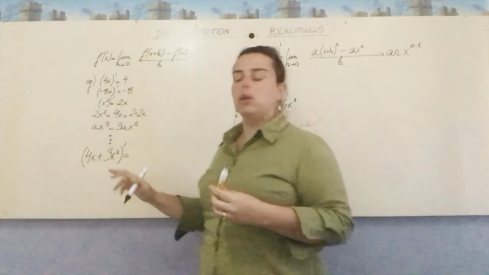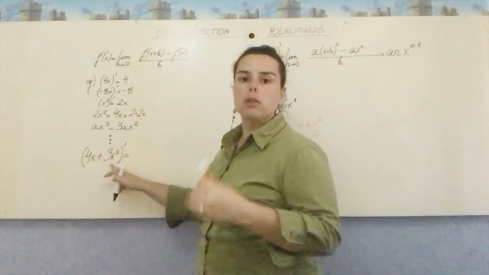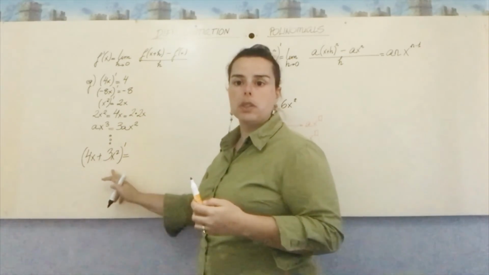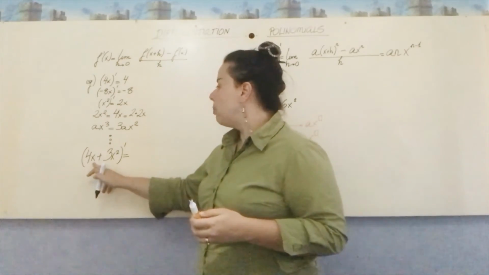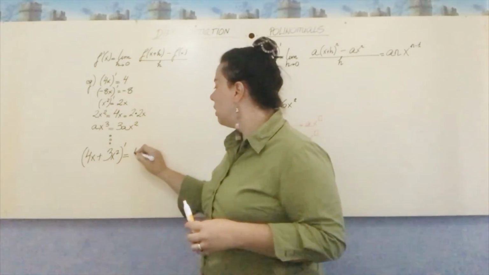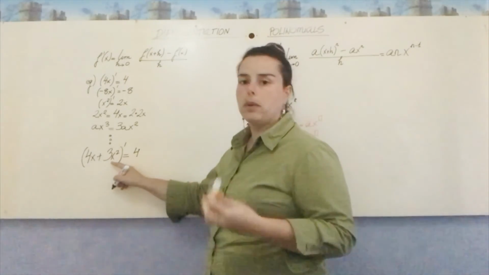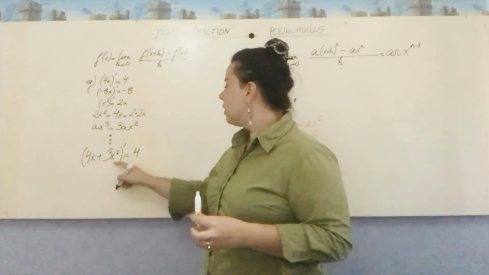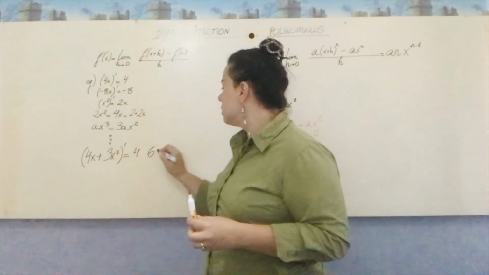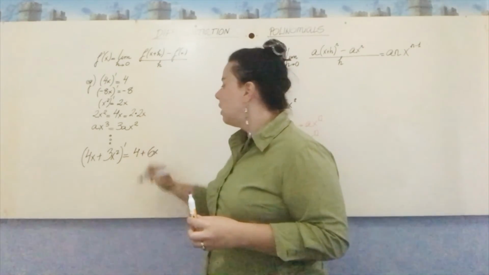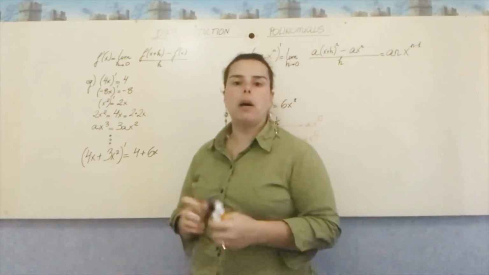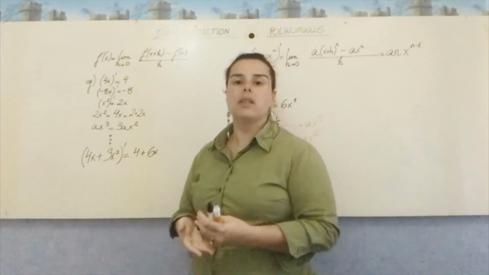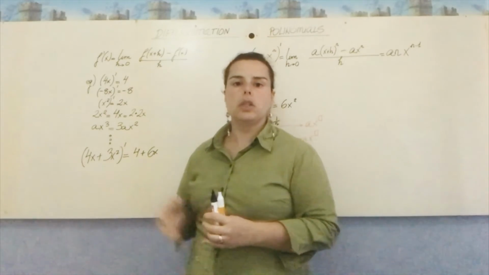Okay, I know the steps of each one, so I can do each one separately and get the result. So the derivative of 4x is 4. The derivative of 3x squared is 6x. Add them together. This is actually going to be a very useful tool called a sum rule that we are going to see in another video.